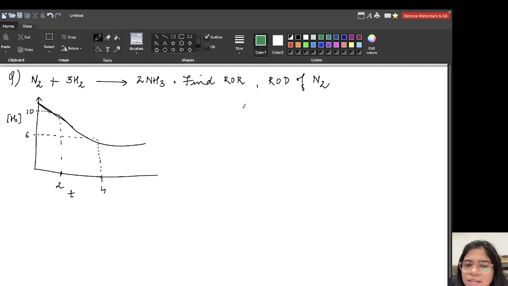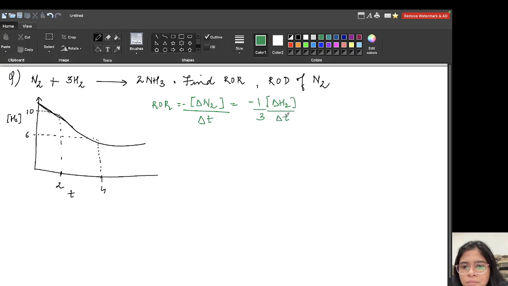Now from the reaction, first write the full equation. How do you write the rate of reaction? Now you all should be very fast in writing the rate of reaction. This one will be minus delta N2 by delta t, then minus 1 by 3 delta H2 by delta t. I think this thing will be d, right? Why d?